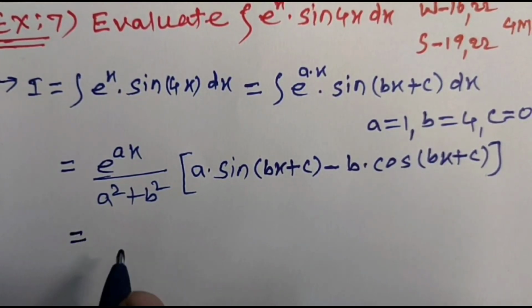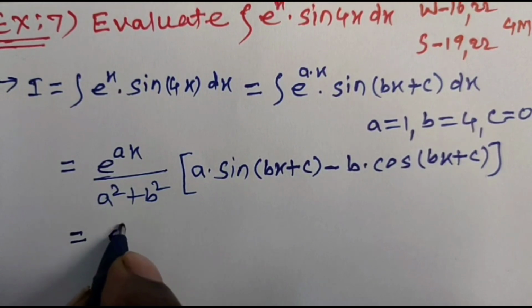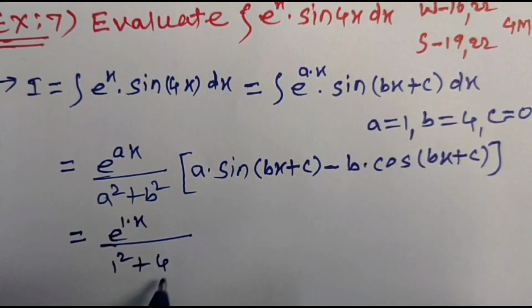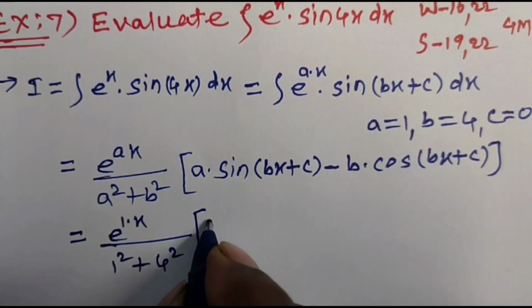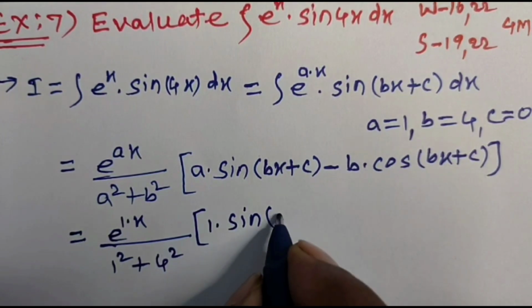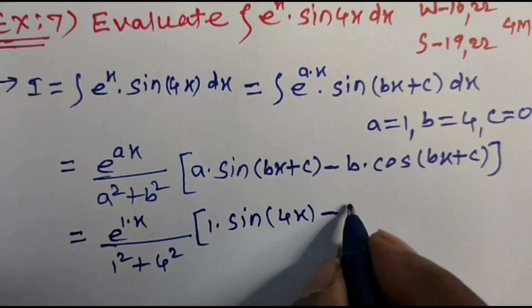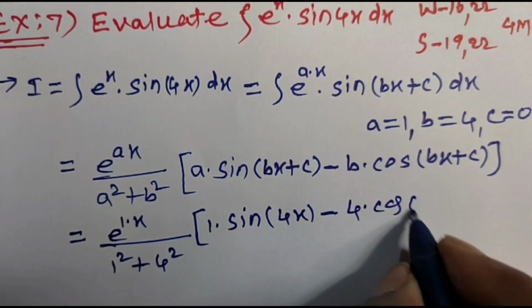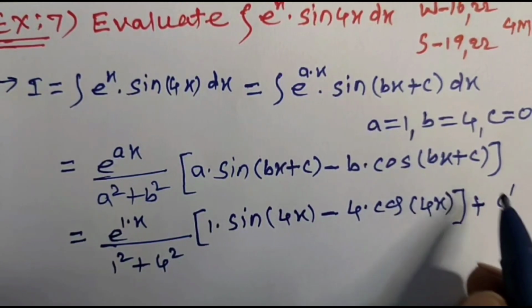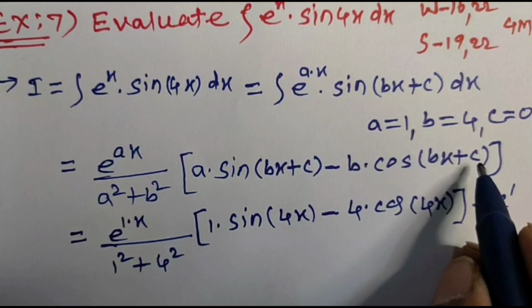A is 1, b is 4. E to the power 1 into x divided by 1 square plus 4 square into bracket 1 into sine of, c is 0, so bx means 4x, minus b is 4 into cos of 4x plus integral constant, suppose c dash, because we are already using constant c here.